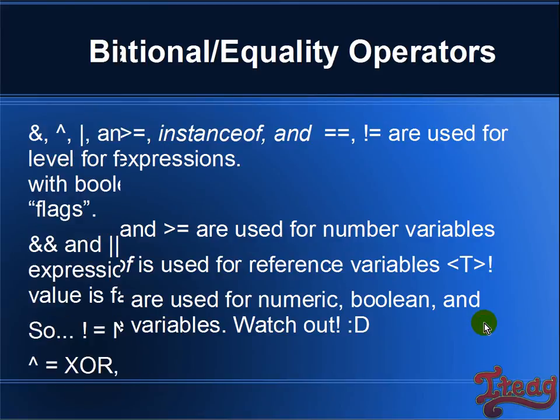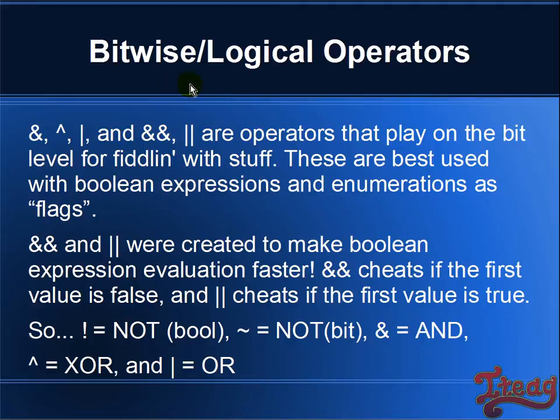All right, next up, bitwise and logical operators. Now, again, the binary bitwise level: AND, XOR, OR, and the strictly logical AND and OR. Operators that play on the bit level for fiddling with stuff. These are best used with Boolean expressions and enumerations as flags.